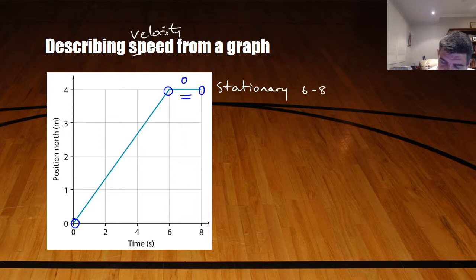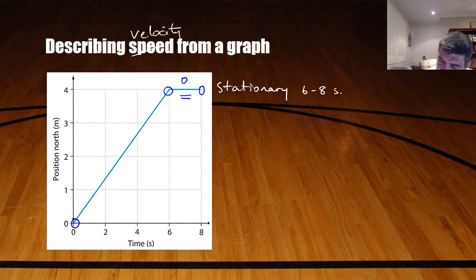Between 6 and 8 seconds. However, between 0 and 6 seconds, what we have is a speed that is constant throughout the journey, and our position has changed from being 0 to 4 meters north.